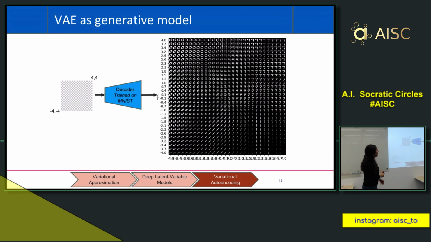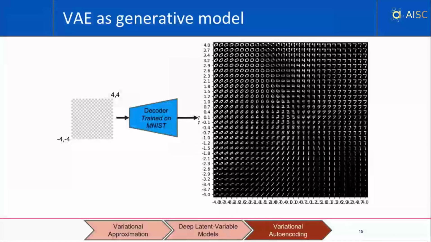Now let's look at VAE as a generative model. Let's remove the encoder part and just have the decoder. This grid is the input to the model, and the input data are the Z. The sample data are from -4 to 4, sampled at equal intervals.